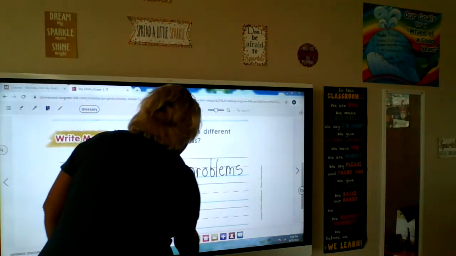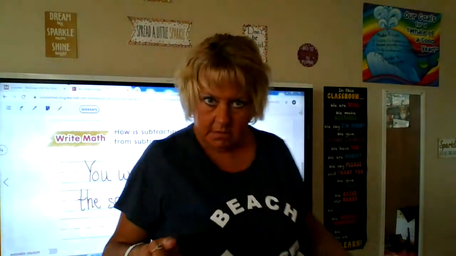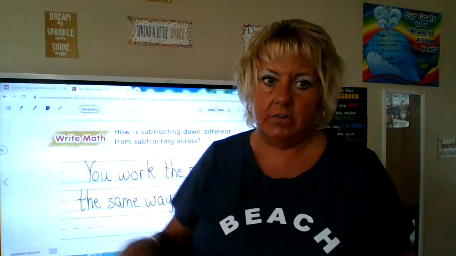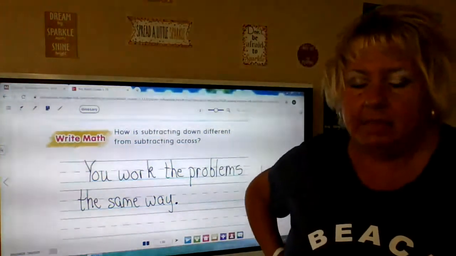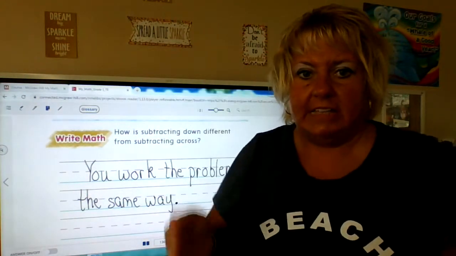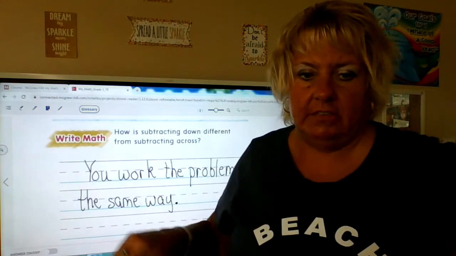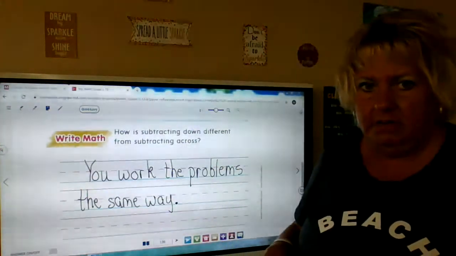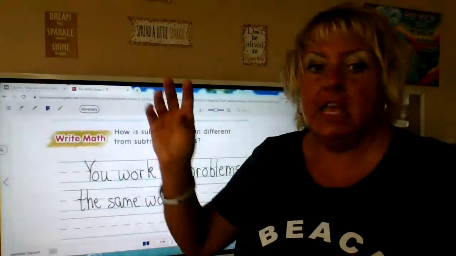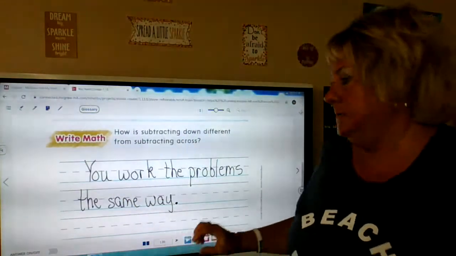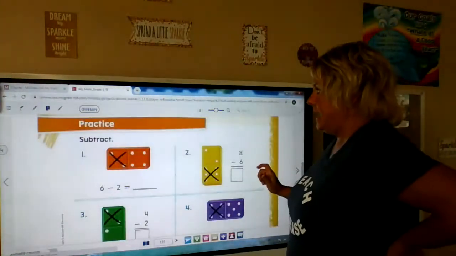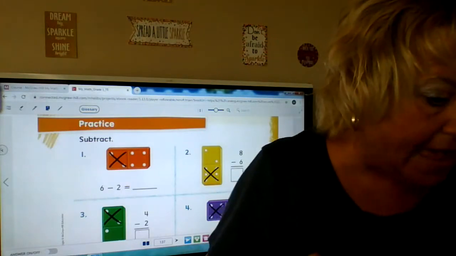If you're doing it right, then your answer should be the same, whether it's up and down or across, if you're using the same numbers. So you can subtract down and you can subtract across. There's really no difference. You work the problems the same way. You start with the whole and you take away the parts. Okay? The next page is my homework.